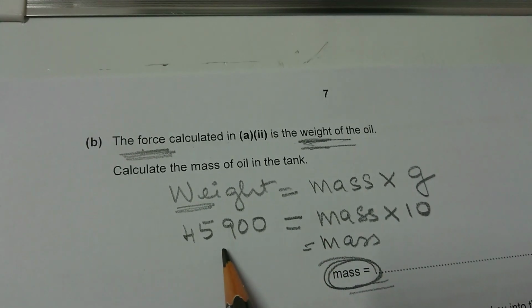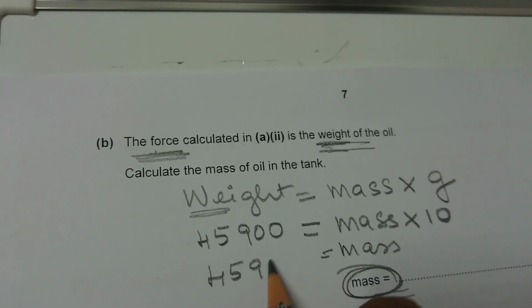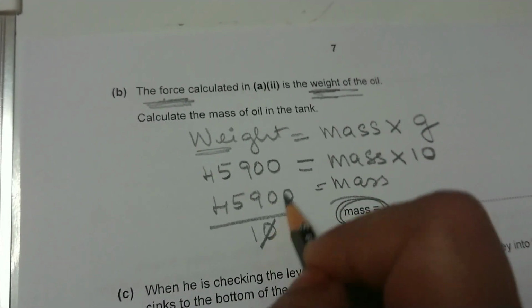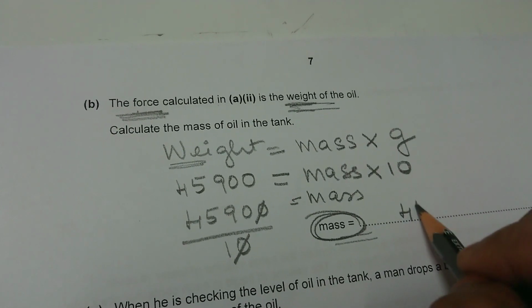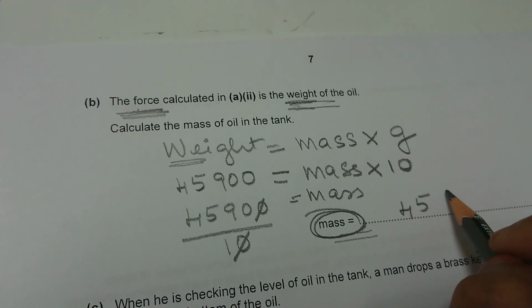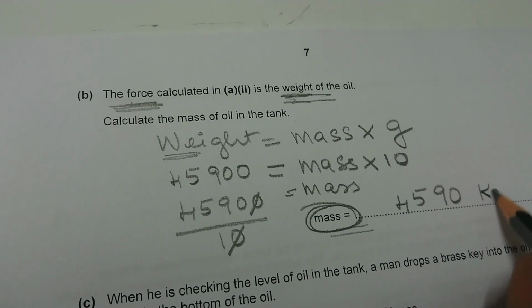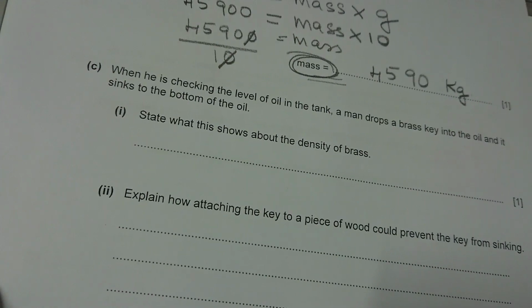Multiplication, when you take to the other side, it becomes division, that is 45,900 divided by 10. 0, 0 cancel. So, what is the answer? 4,590 mass. SI unit is kilogram. Next question.